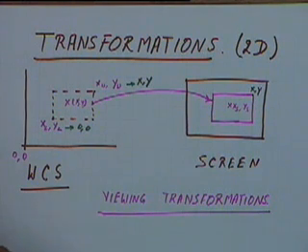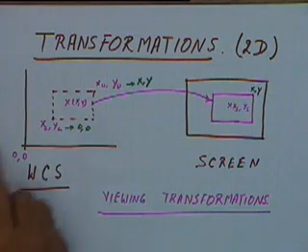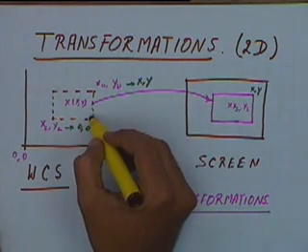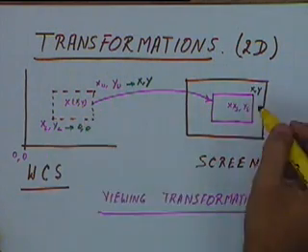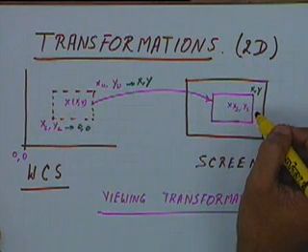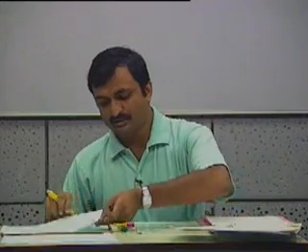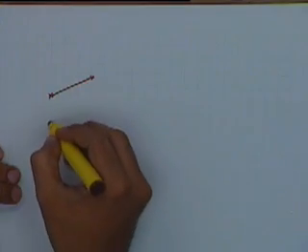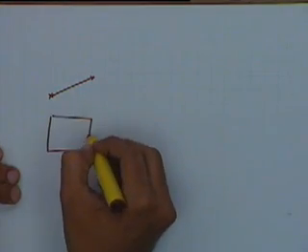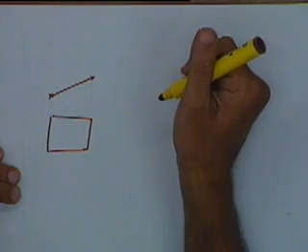So this is one case where points in one coordinate system are transformed onto a second set of points. There can be other situations where, let us say, we have some entity, either a line segment or a rectangle or any such entity, and we want to either rotate it or reflect it about a particular axis.